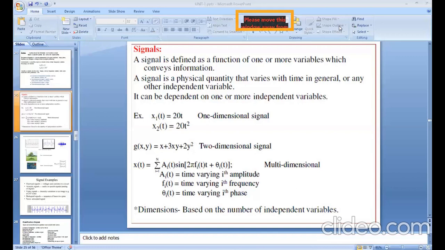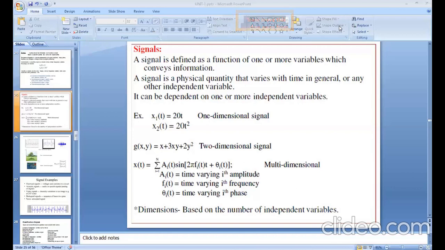Example, x of t is equal to summation of i is equal to 1 to n, a i of t sine in bracket 2 pi f i of t into t plus theta i of t. So here there are multiple variables.